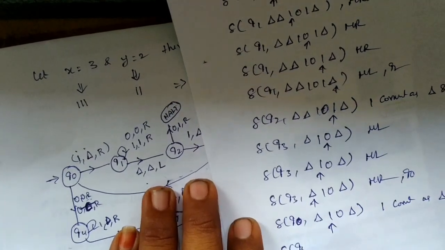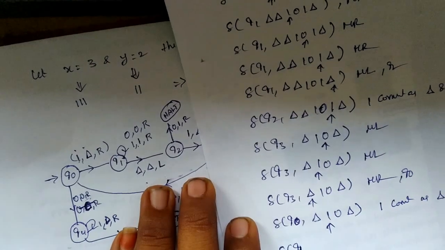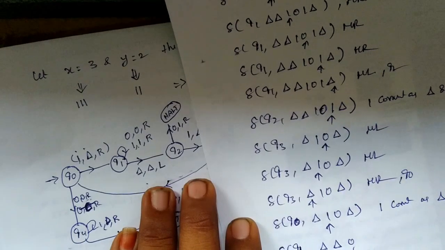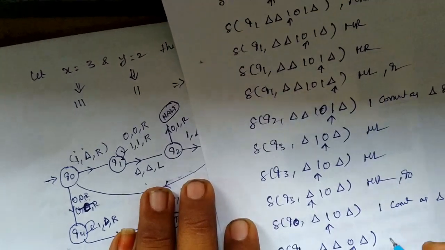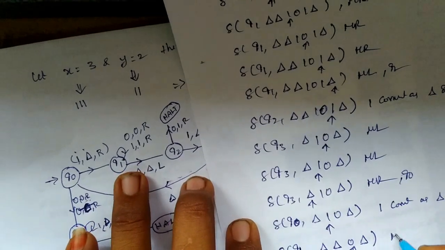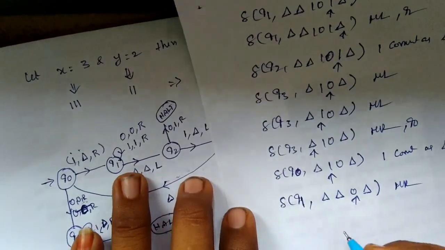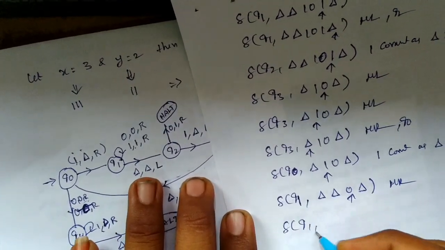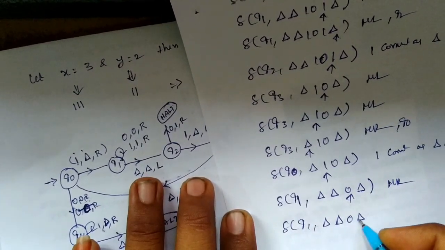So del of Q1, and the next state is Q1, comma, del 0 del. We are at Q1, the input is 0, so move right. So del of, and then go to the same state Q1, comma, del 0 del.